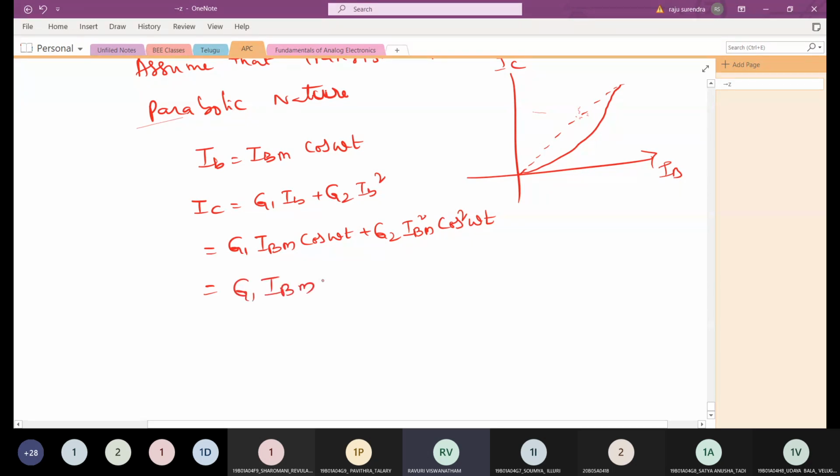G1 IBM cos omega t plus, we can write cos square omega t as (1 plus cos 2 omega t) by 2.